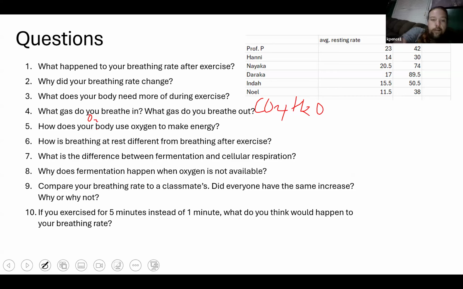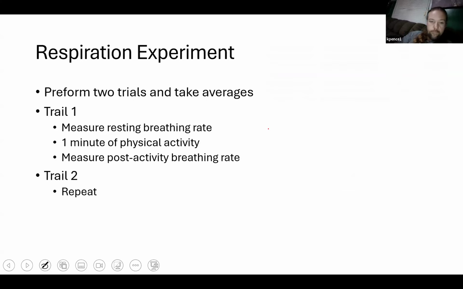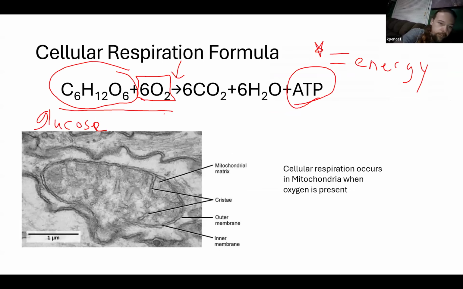Now, again, you need food. And then where does it take place? What is that powerhouse of the cell called? So this guy here, remember what it's called?